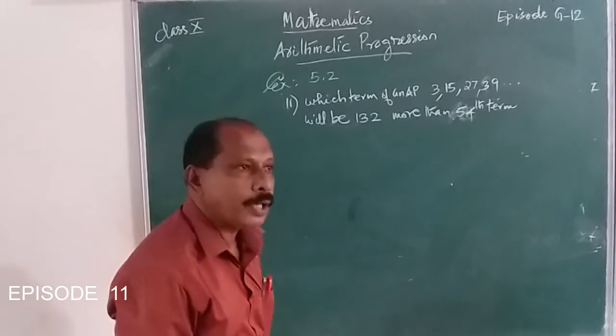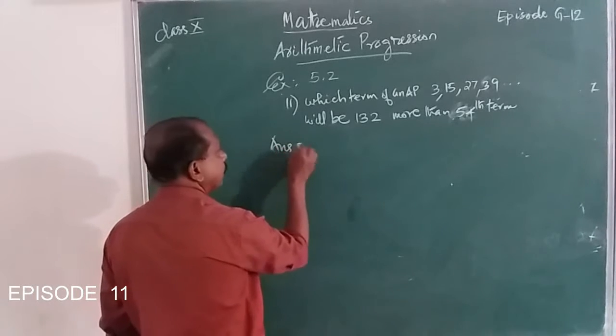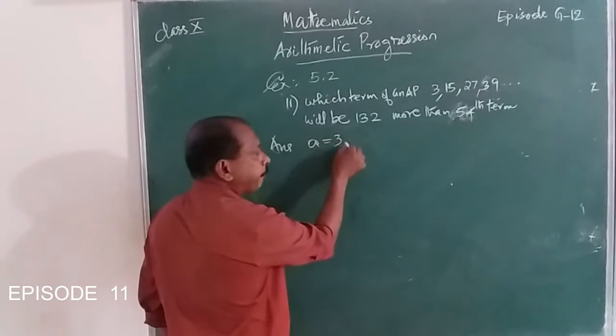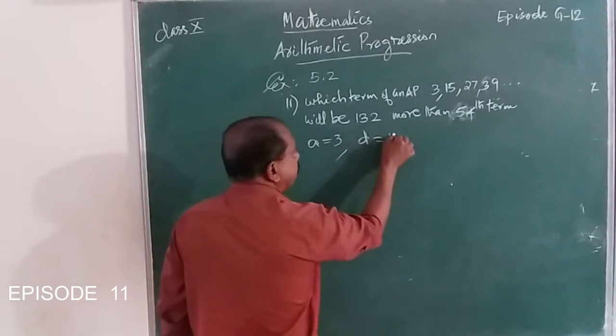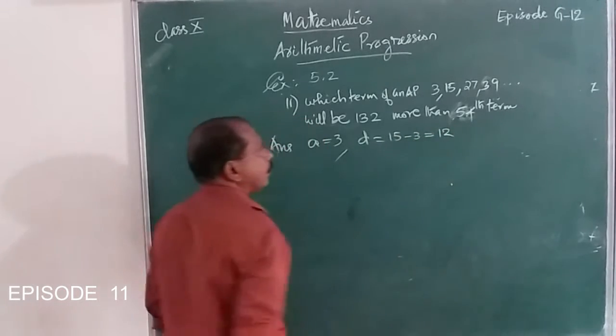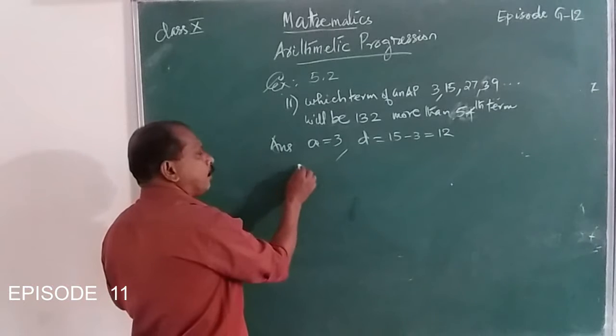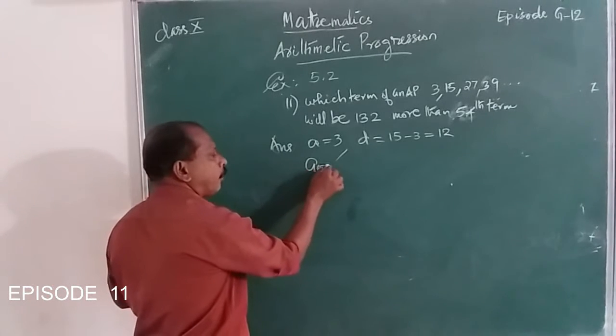We can find out here. The answer: a is equal to 3, d is equal to 15 minus 3, which is 12. Then find the 54th term.